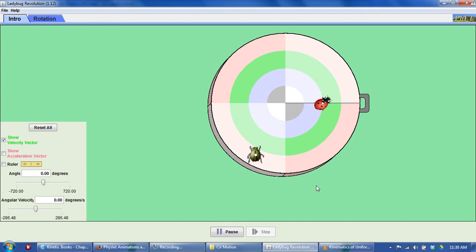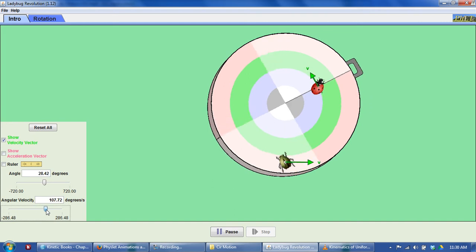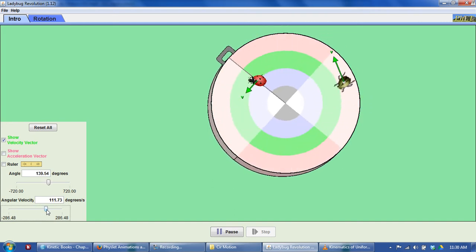What's also interesting here, if we look at a different simulation, we've got two bugs. We've got a ladybug and I don't know what the green bug is supposed to be on this turntable, and we'll let it move at a constant rate. Notice the velocity vectors here.